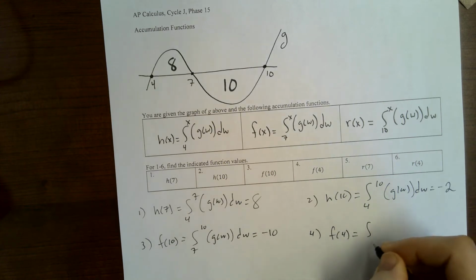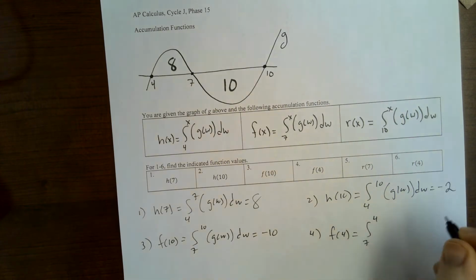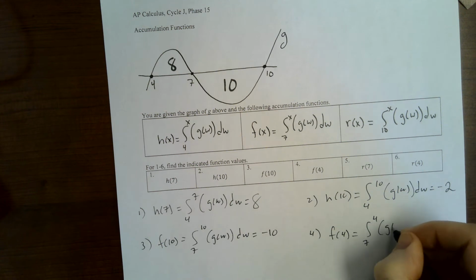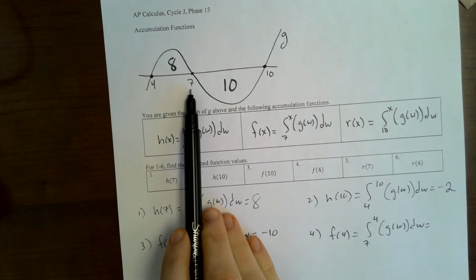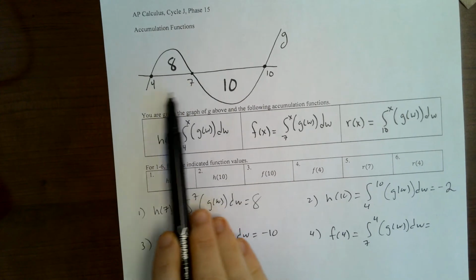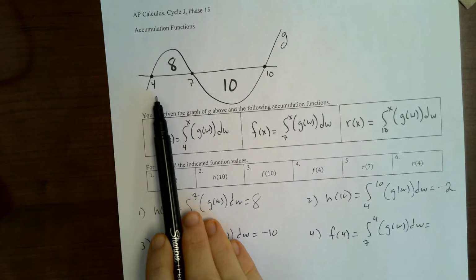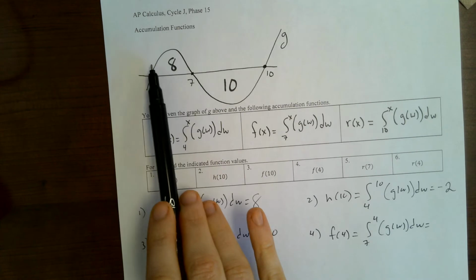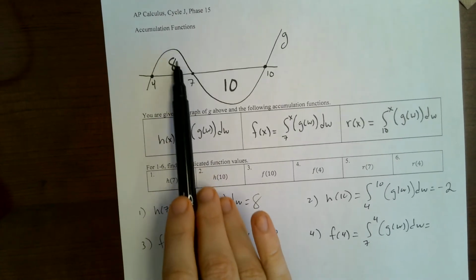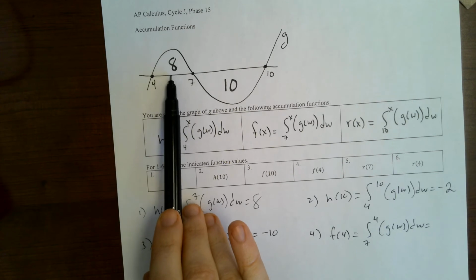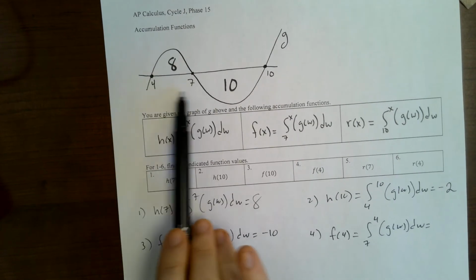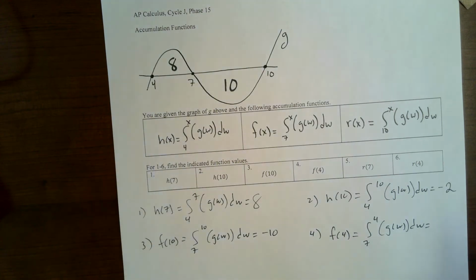That's the integral from 7 to 4 of G of W dW. This is a backwards interval. The area is above the x-axis, so you'd think it's a positive area, but since we're integrating backwards, we have to negate it. So it's going to be negative 8.